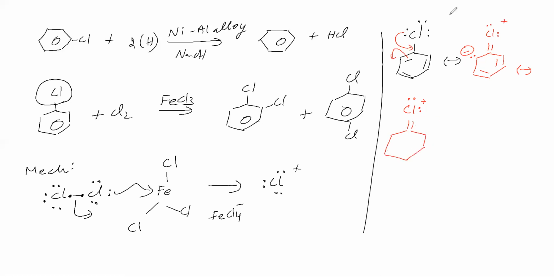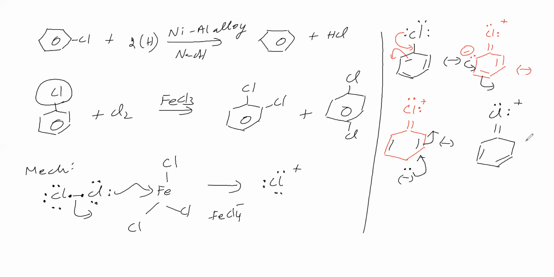This negative charge becomes a pi bond, this pi bond becomes a negative charge. So we can give it like this. Next resonance structure: the negative charge becomes a pi bond, and the pi bond becomes a negative charge. Here two lone pairs will give a double bond.